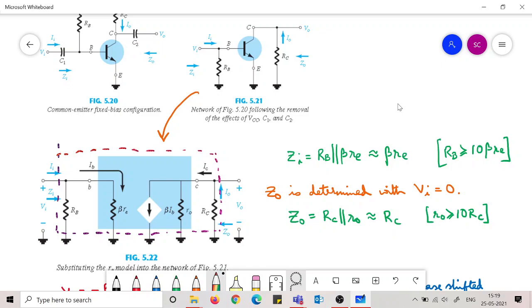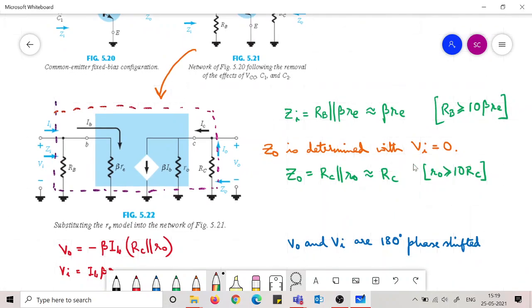What is Z0? You have to remember this fact, because you have to calculate Z0 for any circuit that you will be given. Z0 is the output impedance, and that is determined by keeping the input source, all sources at the input side, turned off. So here we have the voltage source and this is turned off, that means the voltage source is 0.